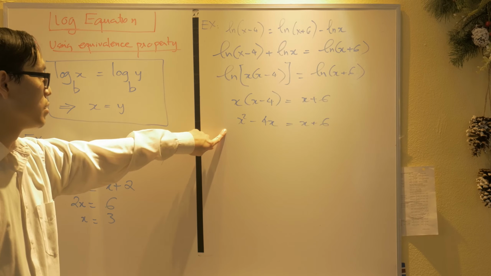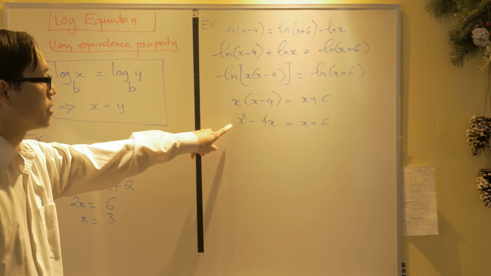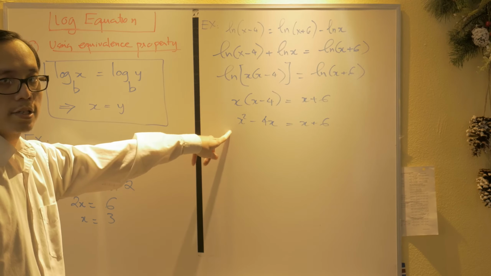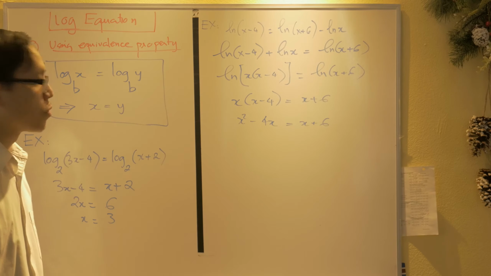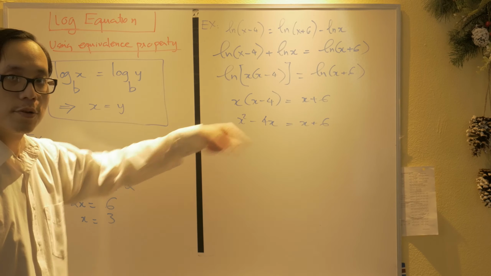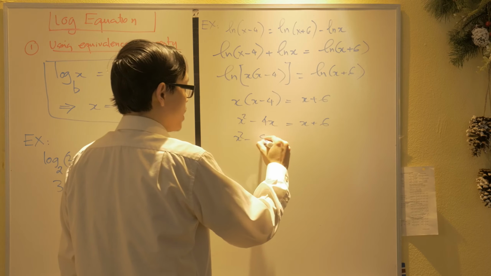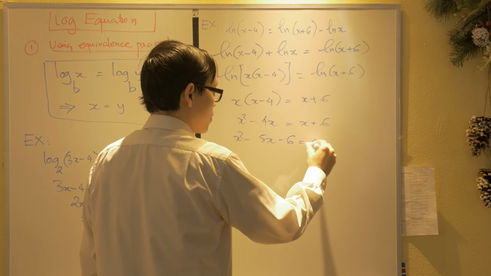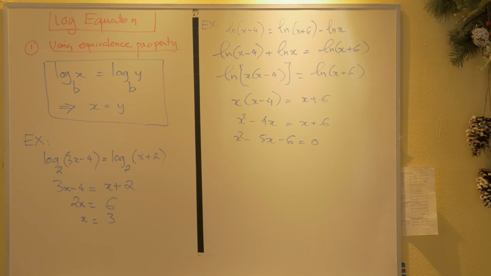How are we going to solve this? Don't tell me that you guys don't know how to solve this. What kind of equation is this? Quadratic, right? Look at this square right here. So we need to bring it back to standard form, so we have x squared minus 5x minus 6 equals 0. Now we have a quadratic equation, and everybody knows how to do this.